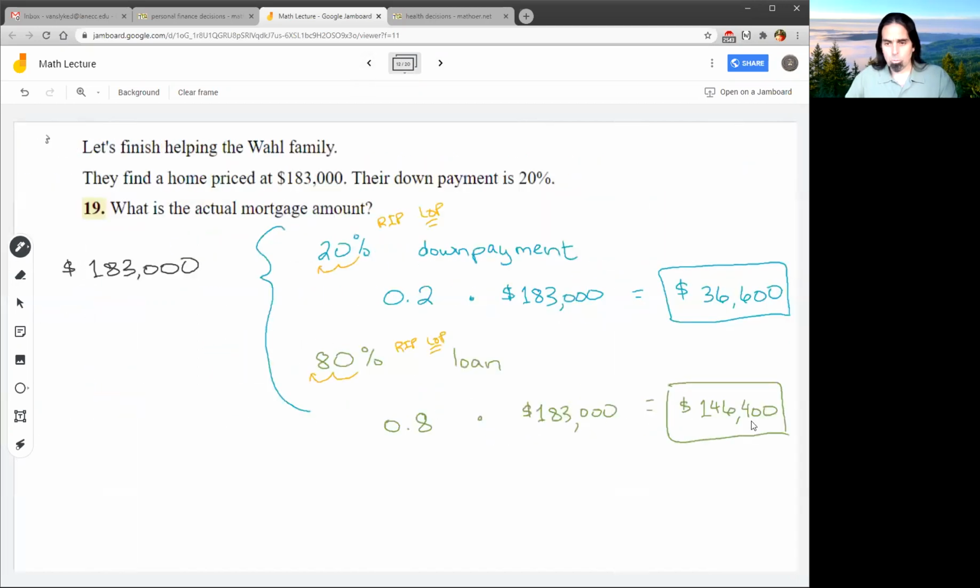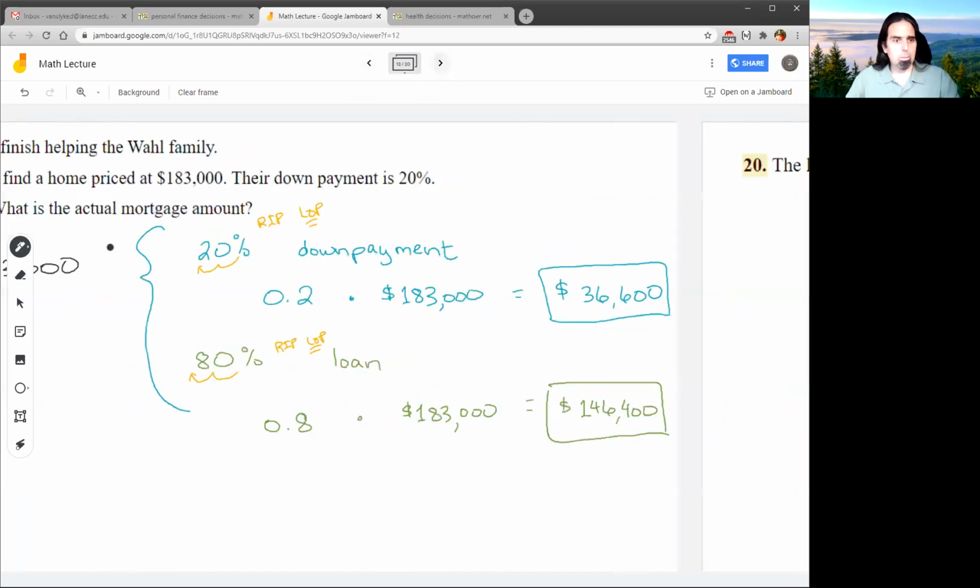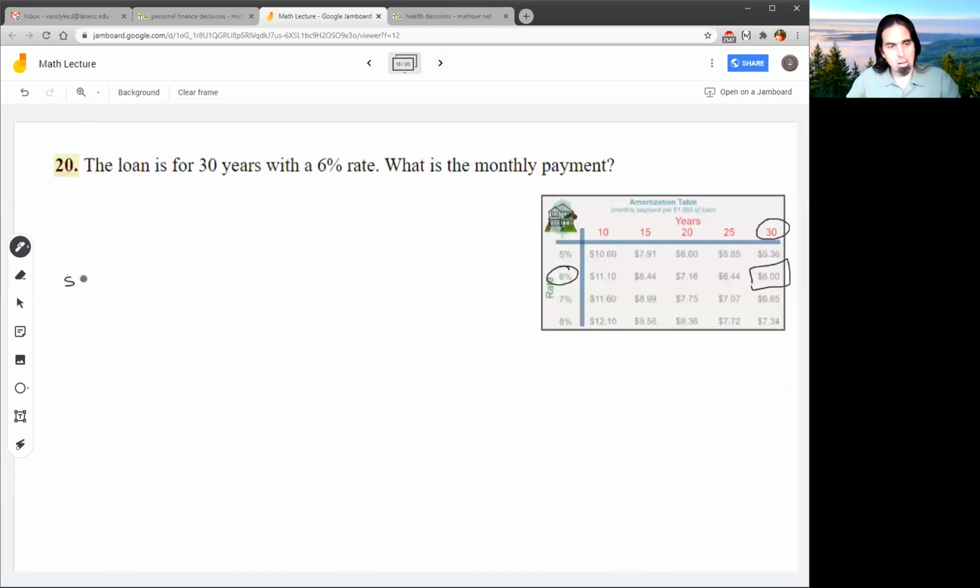Their loan was 146,400. That becomes 146.4 thousands.